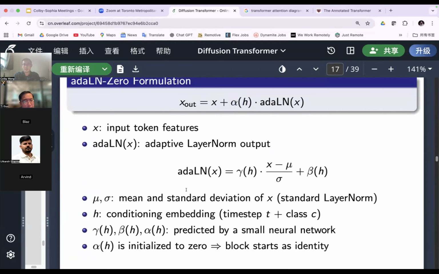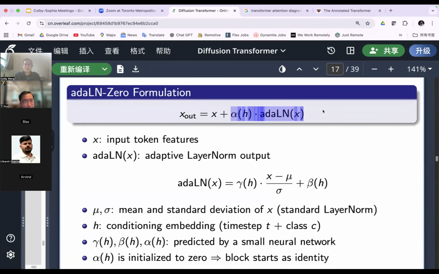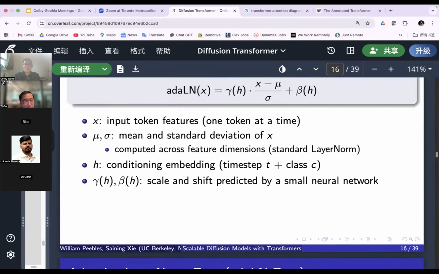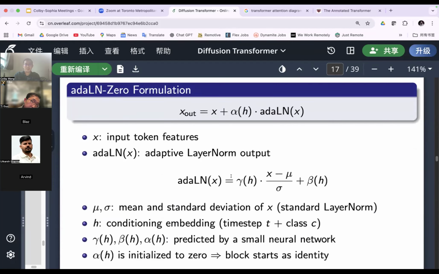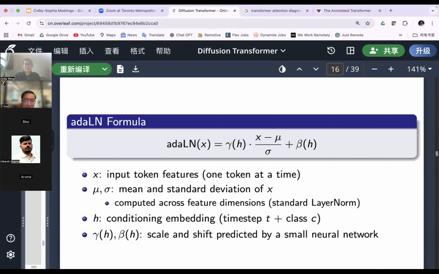How do we get the alpha? Alpha is another neural network. Remember that we pass this to a neural network and it produces gamma and beta. In this case it will produce alpha as well, and alpha will multiply by this. So we multiply the whole thing by another alpha.